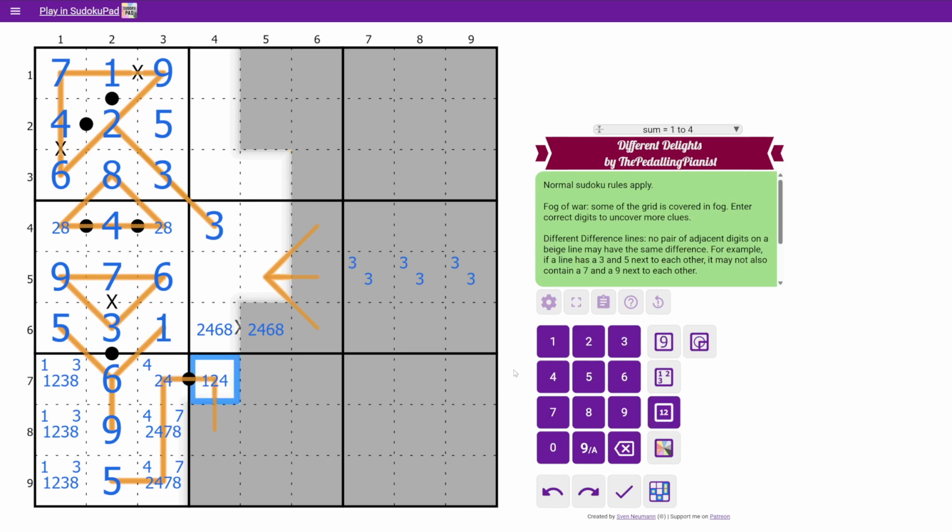The other side, 8. That could still be a 4 though. That is a 2 or a 4. Can this side be an 8?